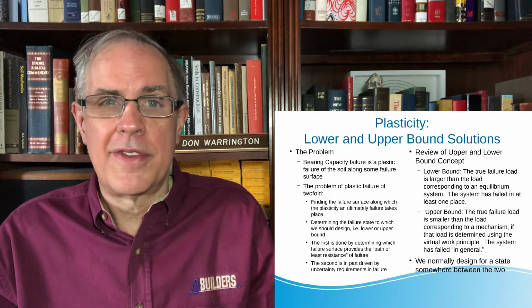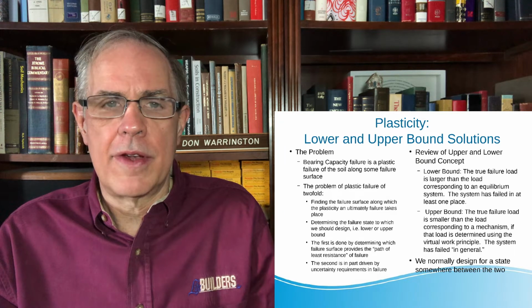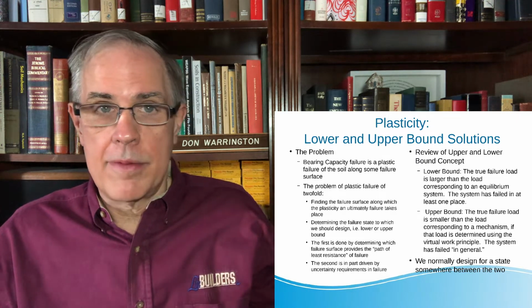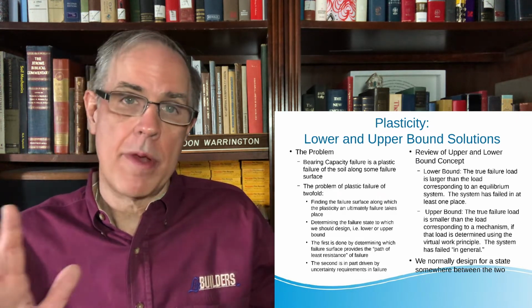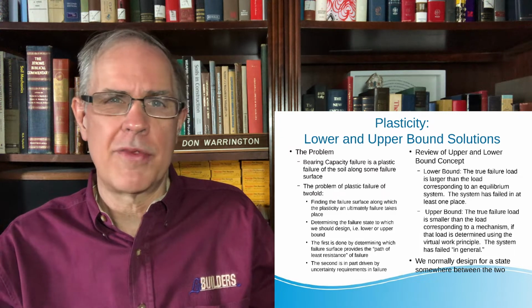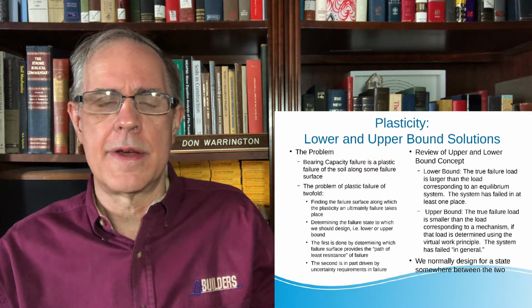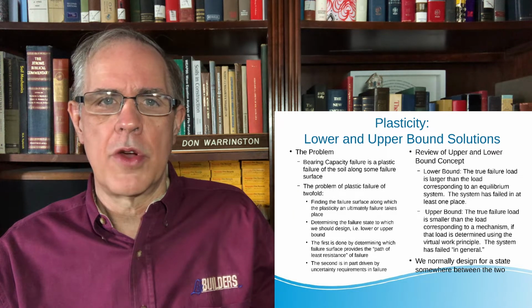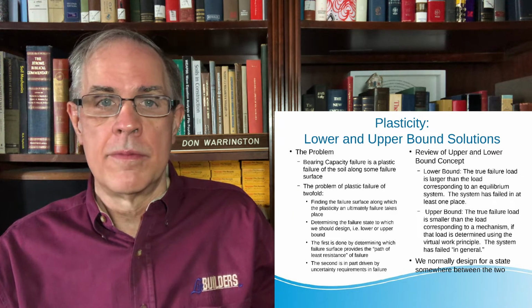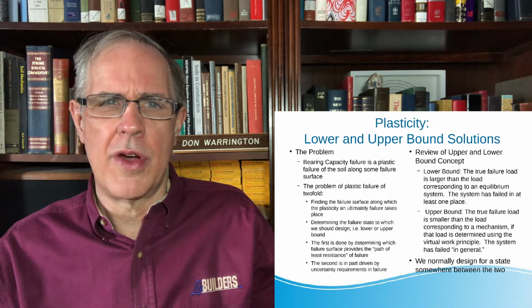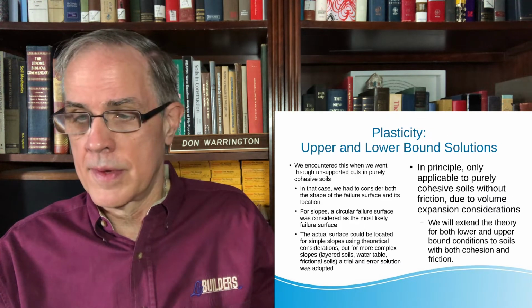In a lot of design, for purely elastic design, we keep everything below the elastic limit, and that's fine. That's really keeping it below the lower bound solution. But in soil mechanics, we don't normally do that. Sometimes we will. We saw that in cohesion and retaining walls. But in most cases, we don't. And certainly not in this one.